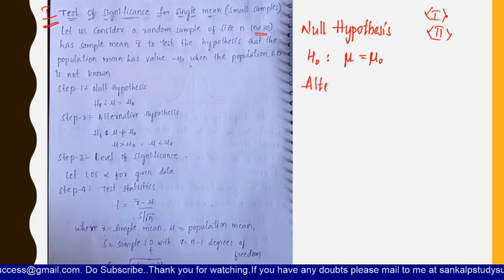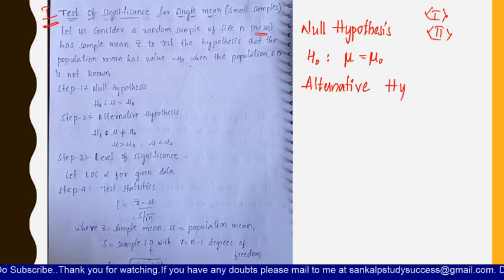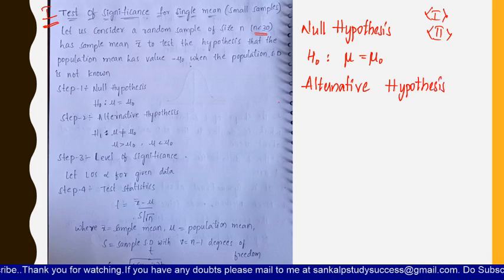Otherwise, step 2 is the alternative hypothesis. If mu is not equal to mu naught, or mu is greater than mu naught, or mu is less than mu naught, then you will say that it is an alternative hypothesis. You denote the alternative hypothesis with H1.